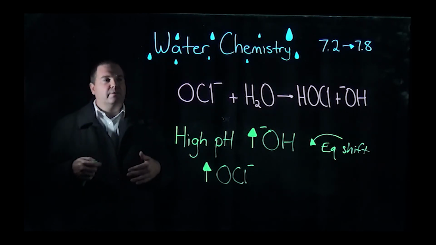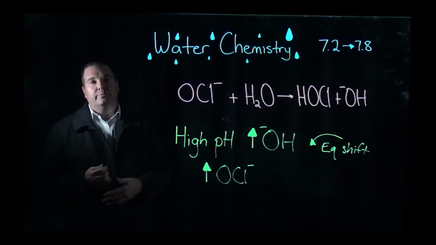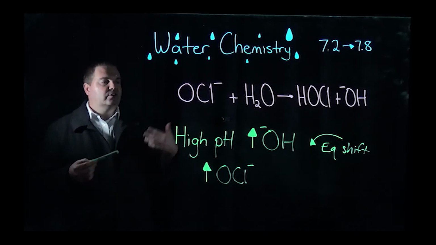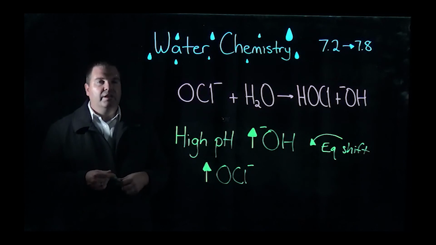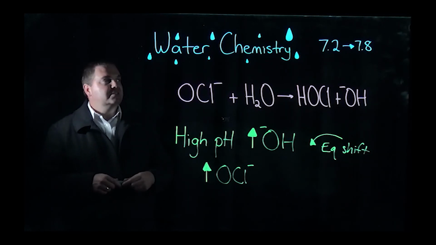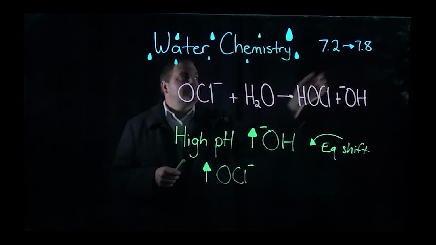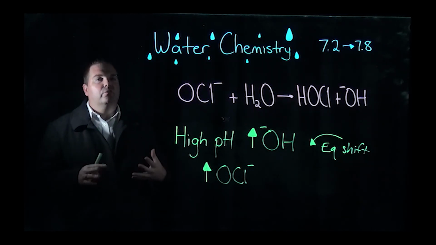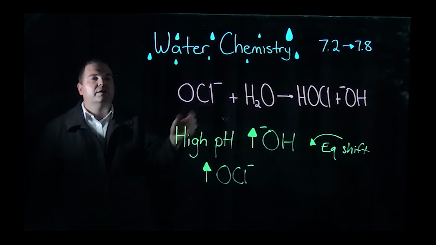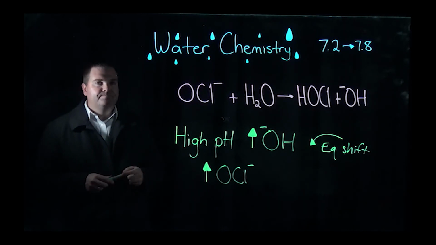That's normally coming from where the pH might be a little bit too low, where you don't have enough hypochlorite ions to be able to kill off the bacteria. So it's a really fine balance, and this is why we keep our pH within 7.2 to 7.8 in order to maintain the right concentration of the hypochlorite ions, which are what kills off the bacteria.